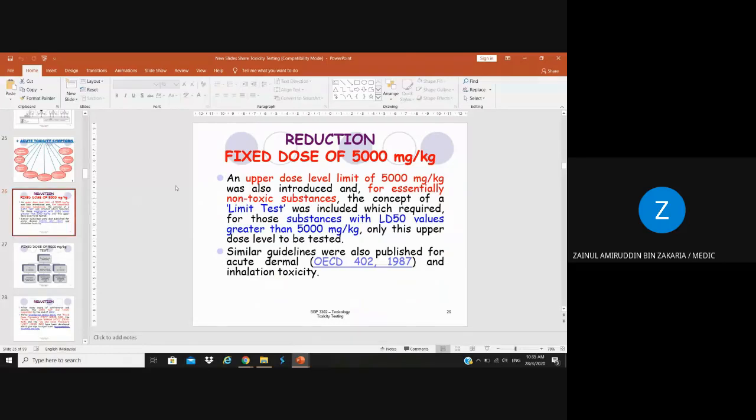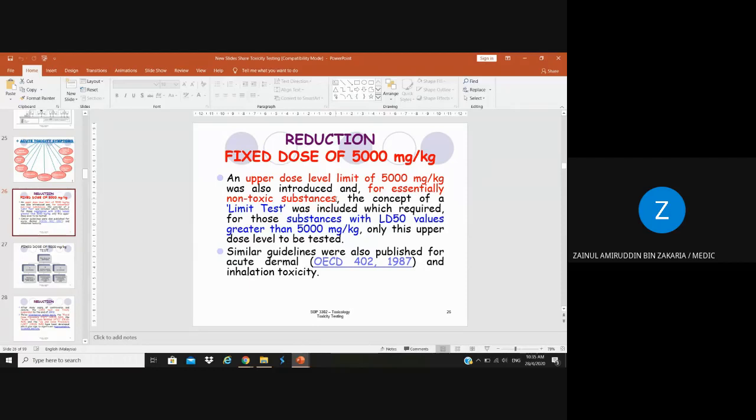As I told you just now, from the sighting study, you can also use a fixed dose of 5,000 mg per kg. Just now I told you until 2,000, right? So you use the upper dose level of 5,000 mg per kg for essentially non-toxic substances.